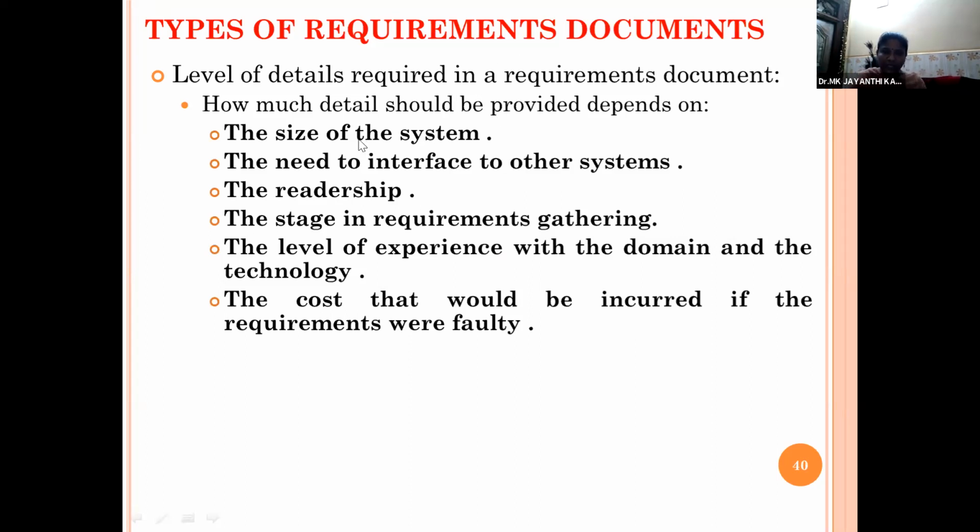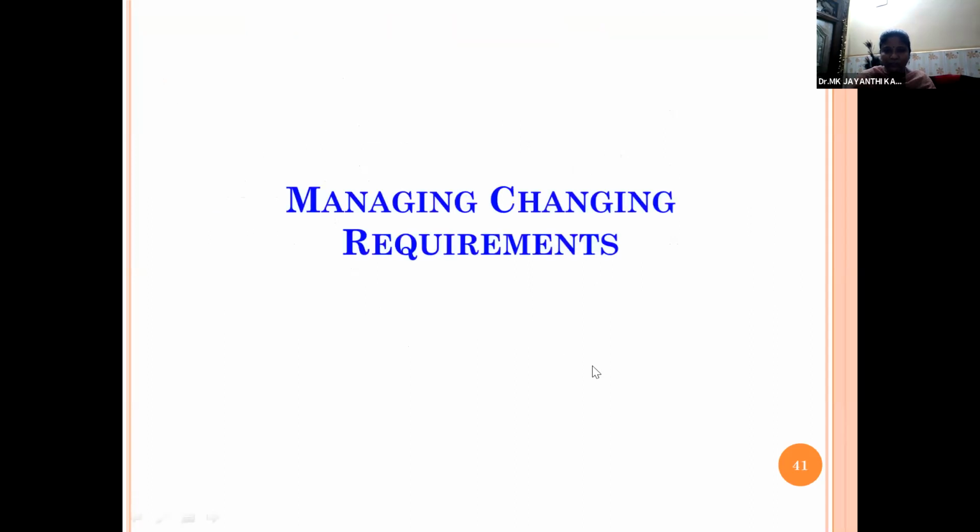The requirements document is based on the size of the system, the need to interface with other systems and other domains, readership, stages in requirements gathering, level of experience with the domain and the technology, and the cost that could be incurred if the requirements were faulty. So the requirements document varies depending on the size of the project, the cost of the project, whether it is a sub-project or a major project, and the level of expertise of the programmers.